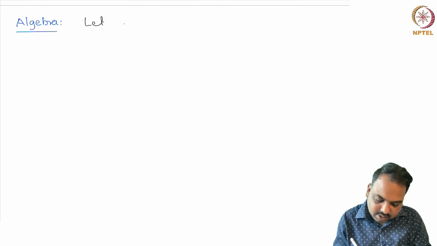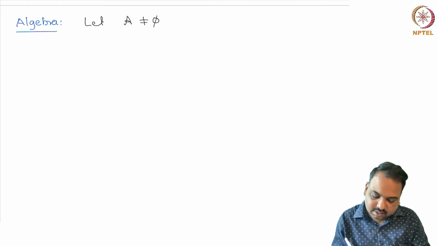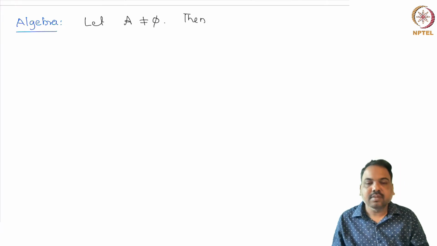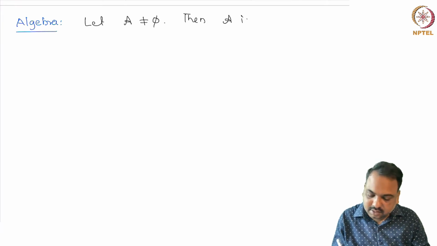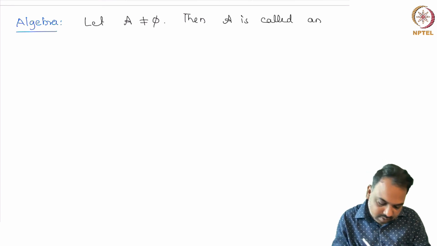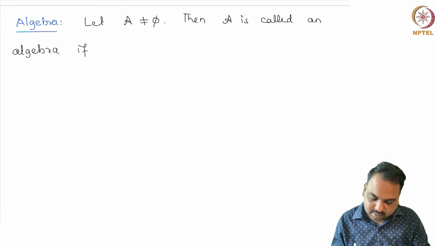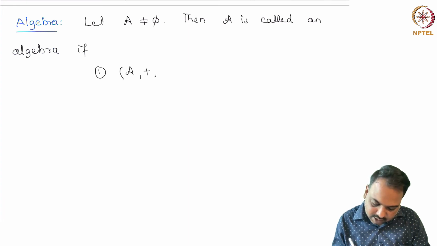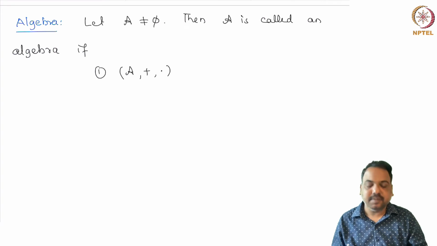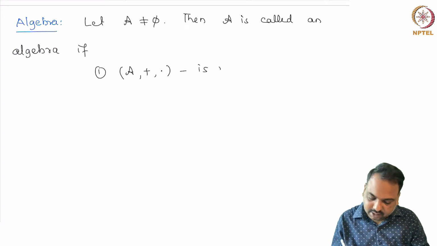Let A be a non-empty set. Then A is called an algebra if, first, (A, +, scalar multiplication) is a vector space.